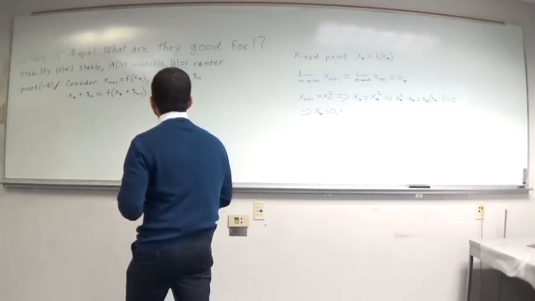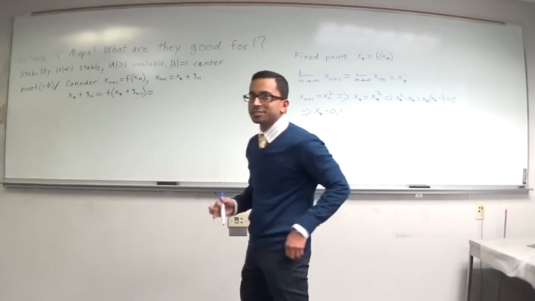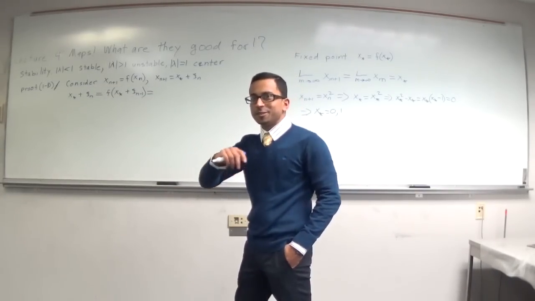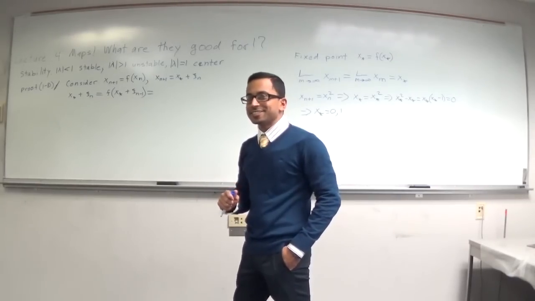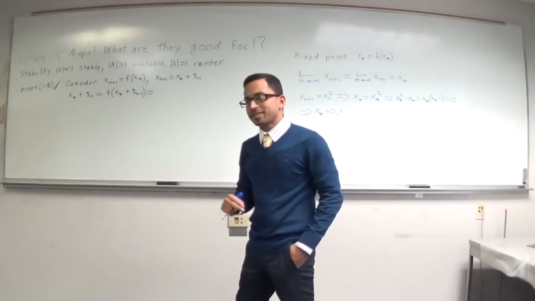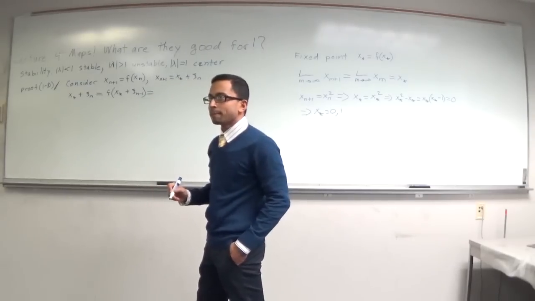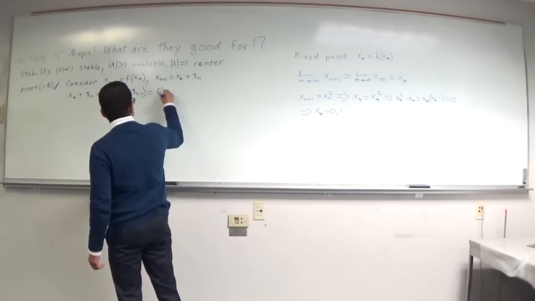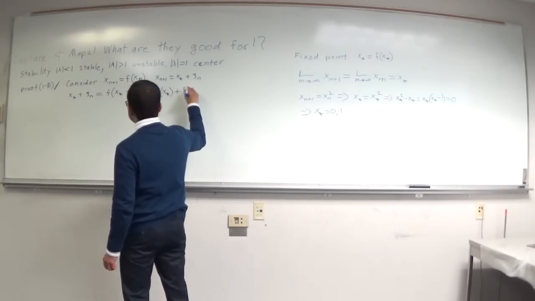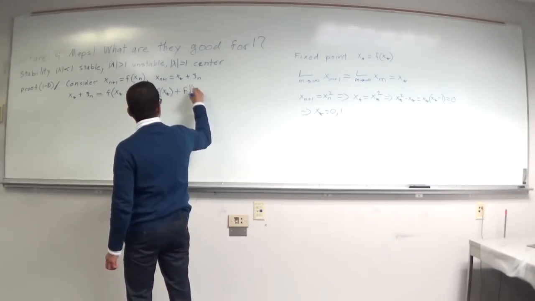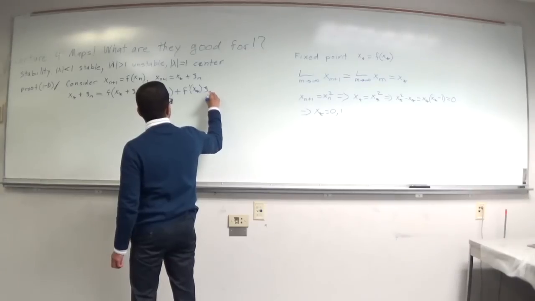So what is that called? Taylor series, right? So what is the Taylor series of this, around x star? f of x star plus the derivative of f, f prime of x star, times c_{n-1}.